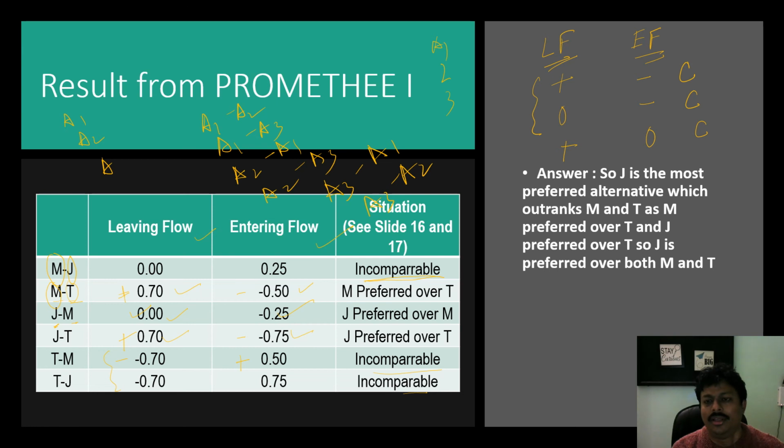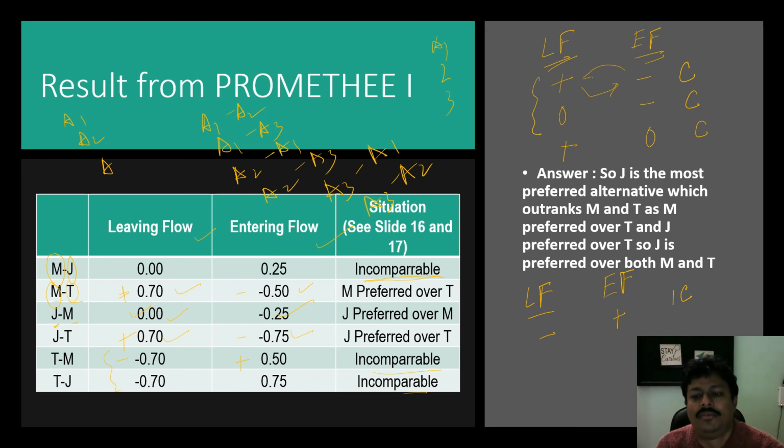However, if this is reversed, the deduction of leaving flow and the deduction of entering flow, if the leaving flow deductions are negative and entering flow deductions are positive, then you cannot compare those two alternatives.